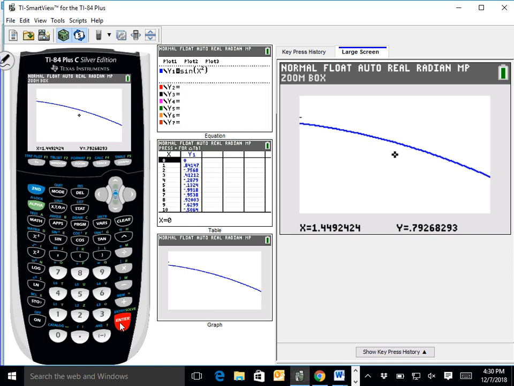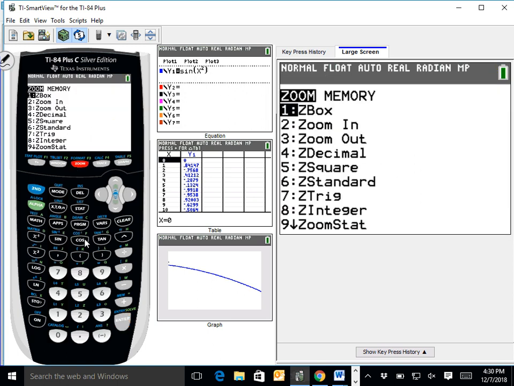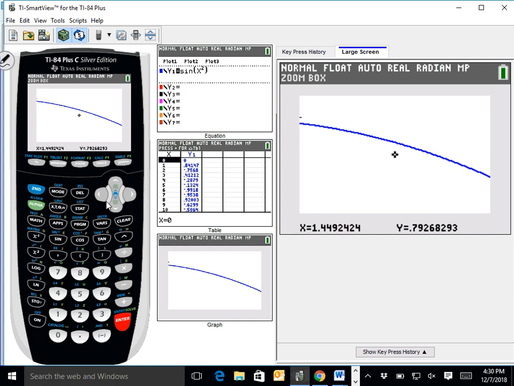I'm going to do zoom box one more time and zoom in even closer on this curve. I'll start it right here. Arrow up a little bit. Sorry, your calculator will be faster at doing this than this calculator app will.